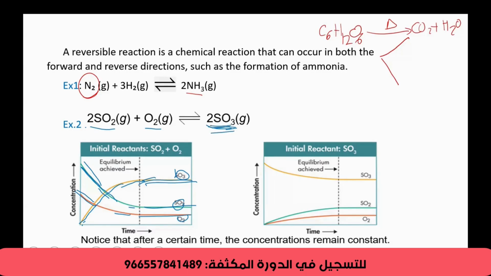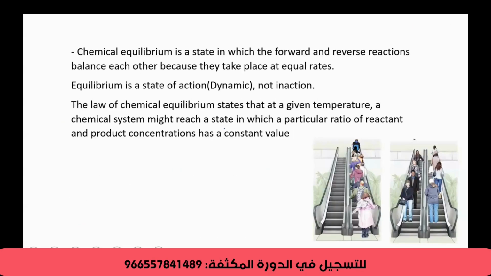Once the product is formed, some of those sulfur trioxide go back to be reactants again. So this phenomenon is very, very strange, and they call it dynamic equilibrium. Chemical equilibrium or dynamic equilibrium. What is this state? We have this analogy, it helps a lot.